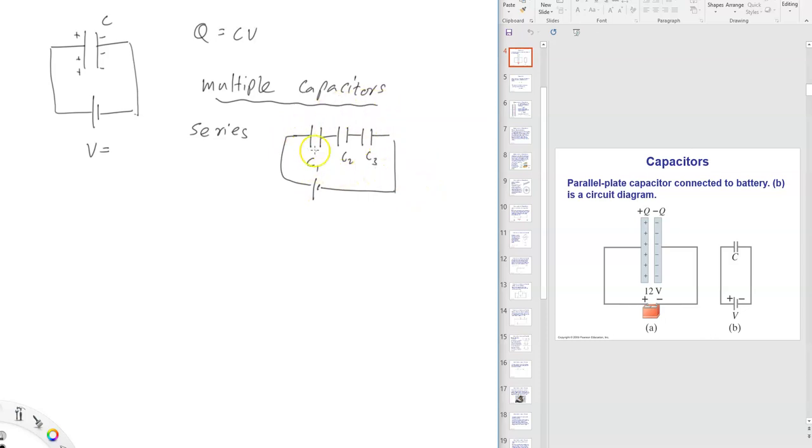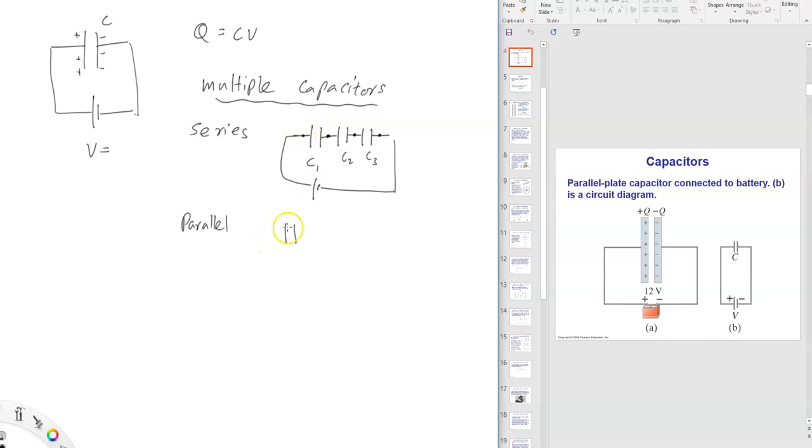So this is a combination of multiple capacitors. We can also add them in parallel. You see the difference over here. In series, the right side of the first capacitor goes to the left of the second one, the right of the second one goes to the left of the third, one in front of the other. So this is the series combination.